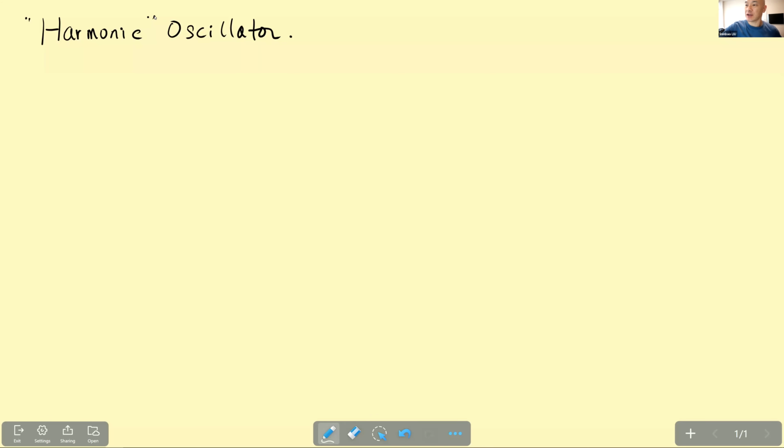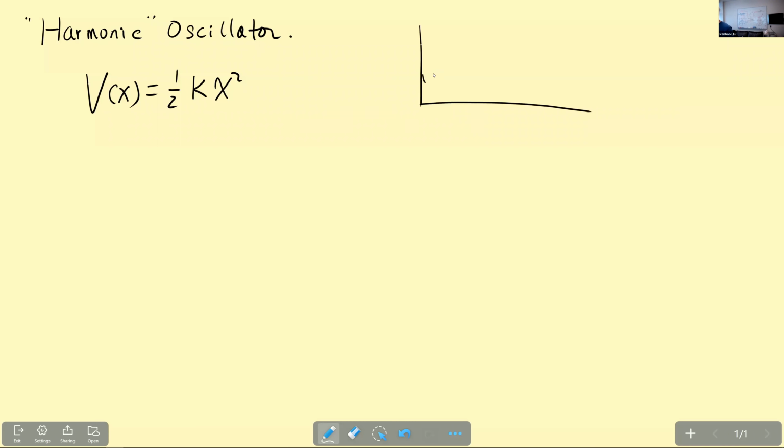If we have a harmonic oscillator, the potential in classical physics is given by 1/2 kx squared, right? So this k is just the coefficient for the spring. Suppose this is the equilibrium, the position from the equilibrium point.